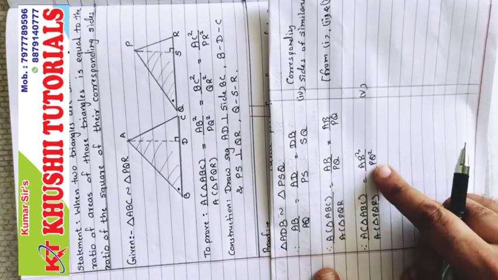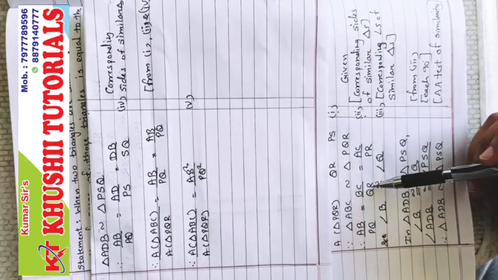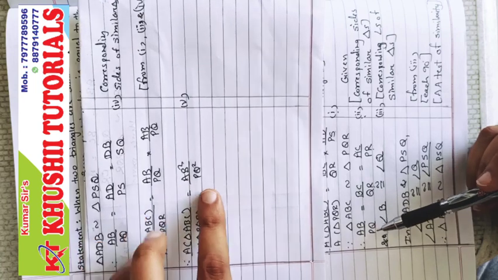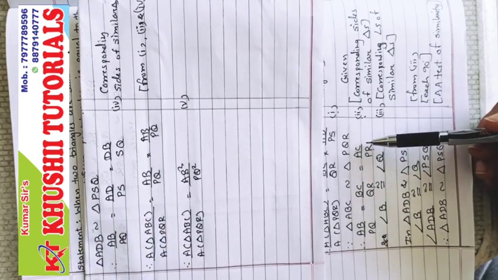Now we know AB upon PQ equal to BC upon QR equal to AC upon PR. Therefore AB square upon PQ square equal to BC square upon QR square equal to AC square upon PR square.